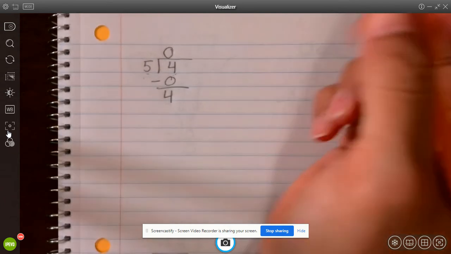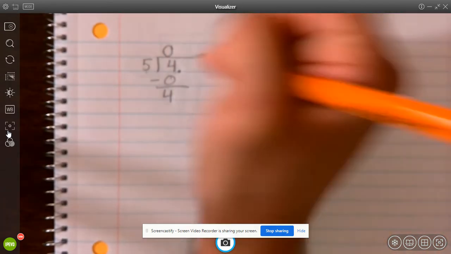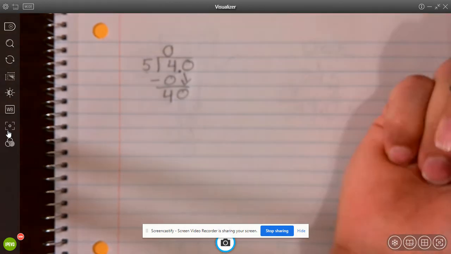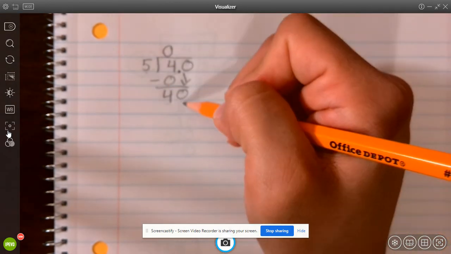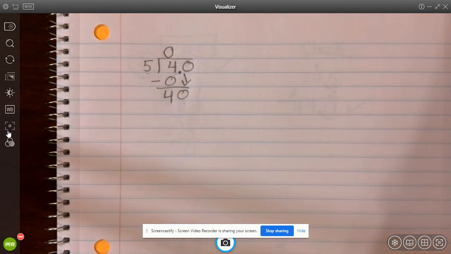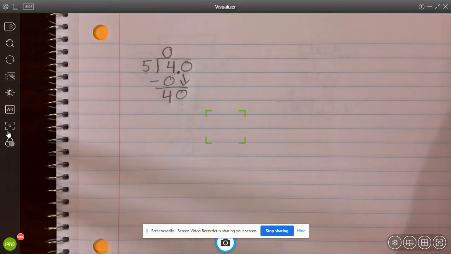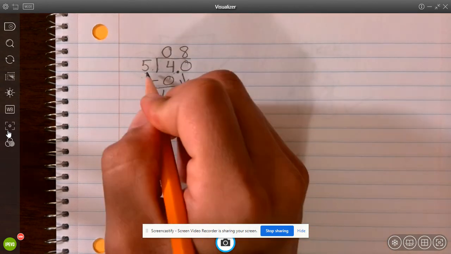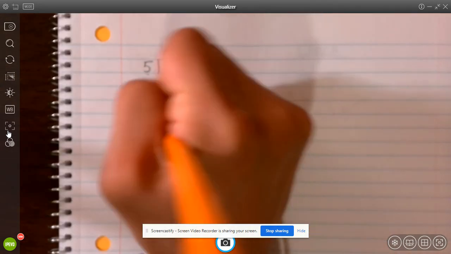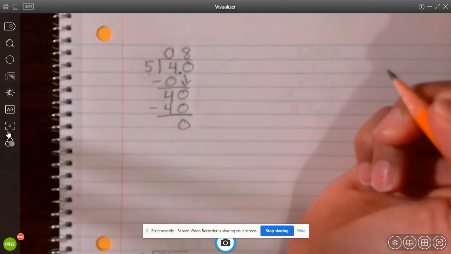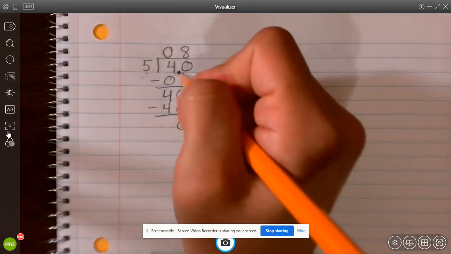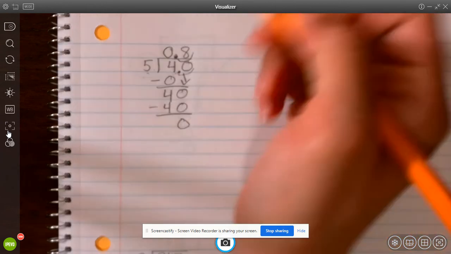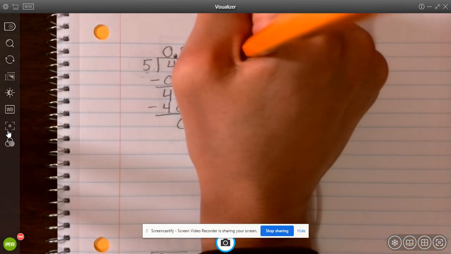So remember, we're going to add our decimal and our 0. Bring down that 0. Now, can 5 go into 40? Yes. How many times does 5 go into 40? 8 times. 8 times 5 is 40. Subtract, you have a 0 remainder. How many times are you going to move your decimal? 1. 1 over, so my answer is 0 8/10.